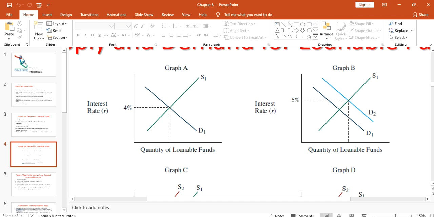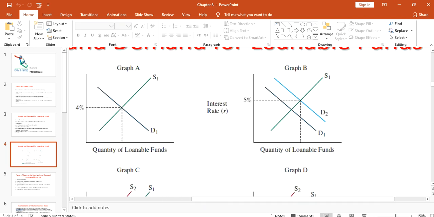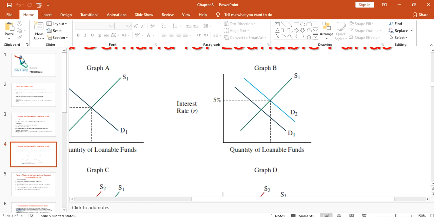If the supply of loanable funds is here and the demand is here, the intersection of supply and demand determines the price of loanable funds, which is interest rate. It is 4% over here. Okay, so S1 and D1, we are at position 1 and both supply and demand are at their initial position. We go over the other figures to learn how this mechanism works.